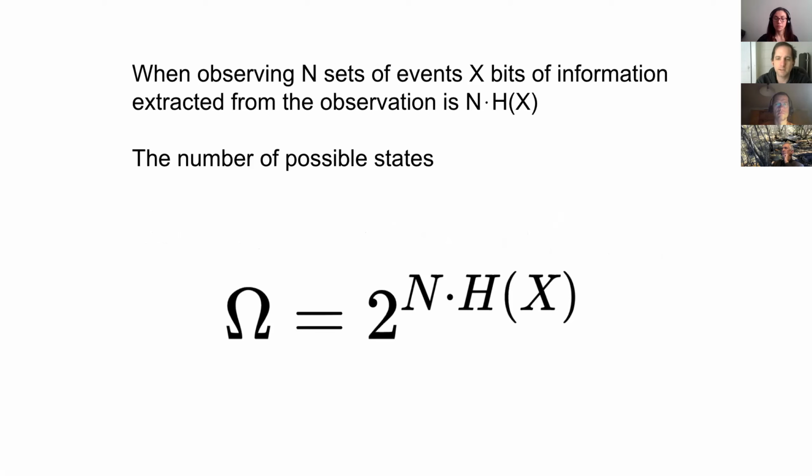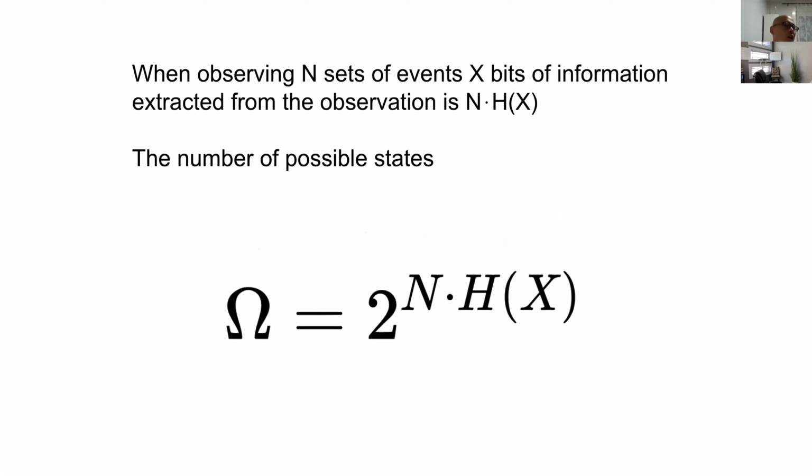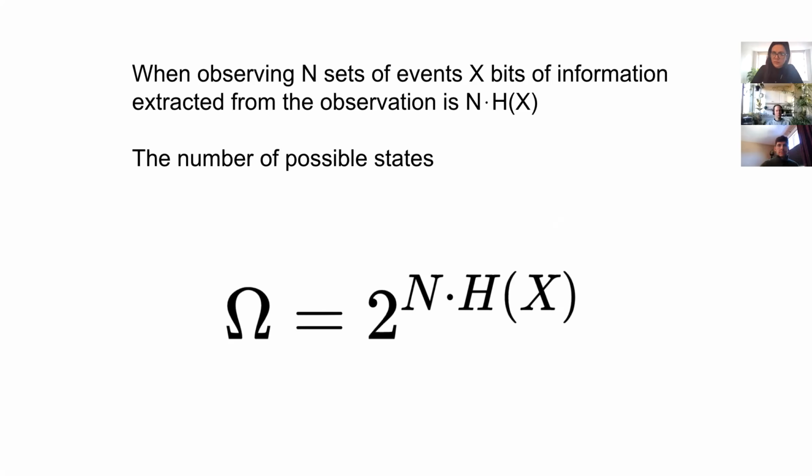So the number of possible states, if we have more than one event in a system, is equal to 2 to the power of the number of events times the average condition of the state, which is the entropy. So 2 to the power of n times the entropy. This gives the number of possible states.